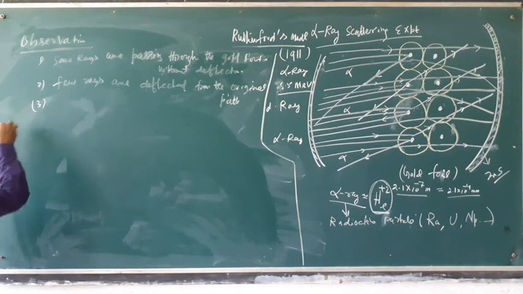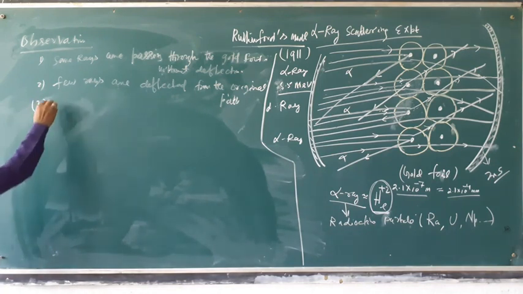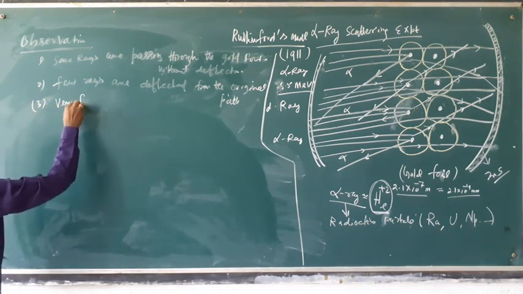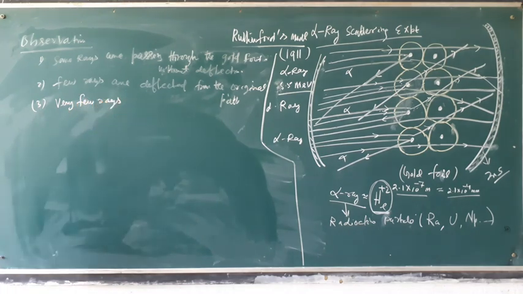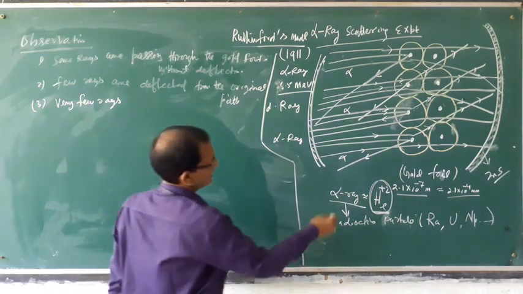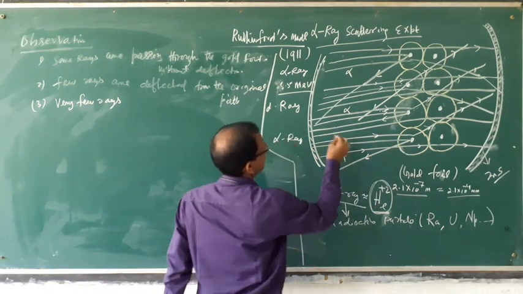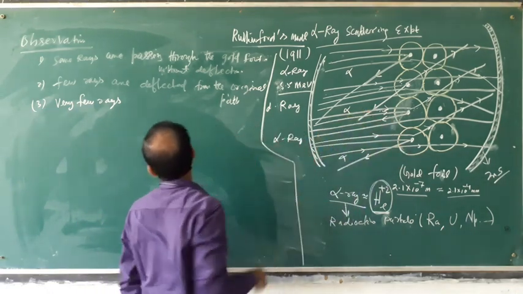Third, very few rays. Very few rays means what type of rays? This one returning back.